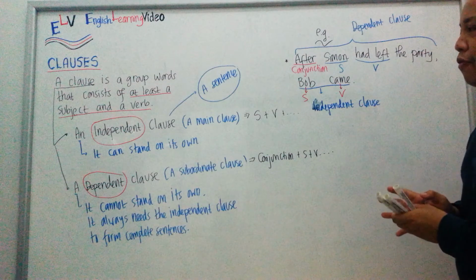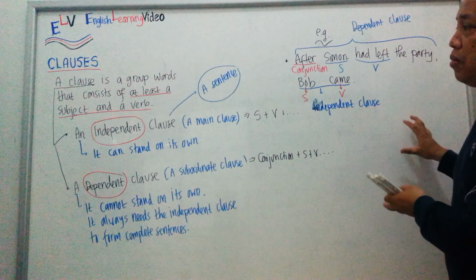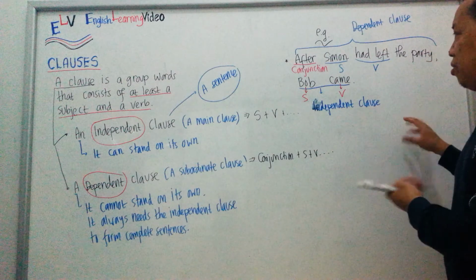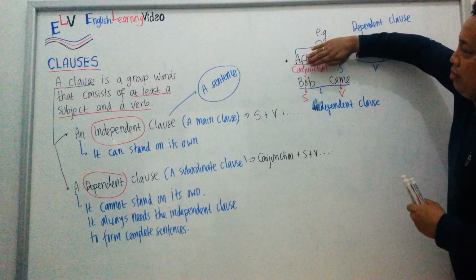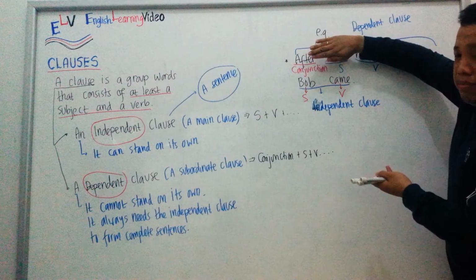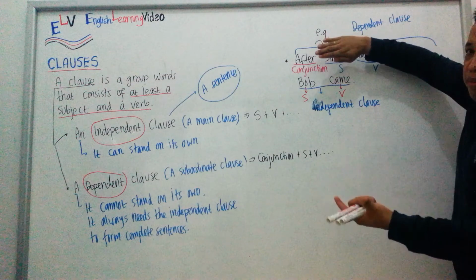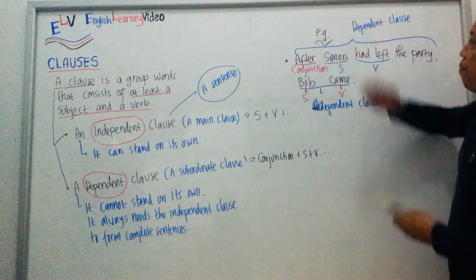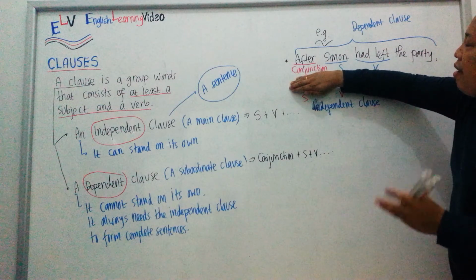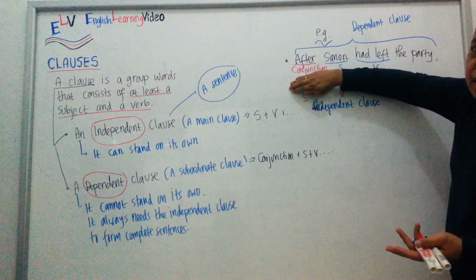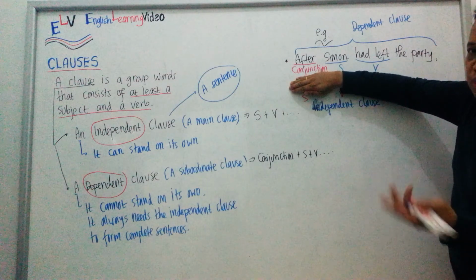Okay, to prove why a dependent clause cannot stand alone and why an independent clause can stand alone, let us, for example, remove this. Okay, Bob came. Why is this an independent clause? Because when I say Bob came, it has a full meaning. But let's remove this independent clause, and then we just have after Simon had left the party, the period or full stop. Then what do you think?